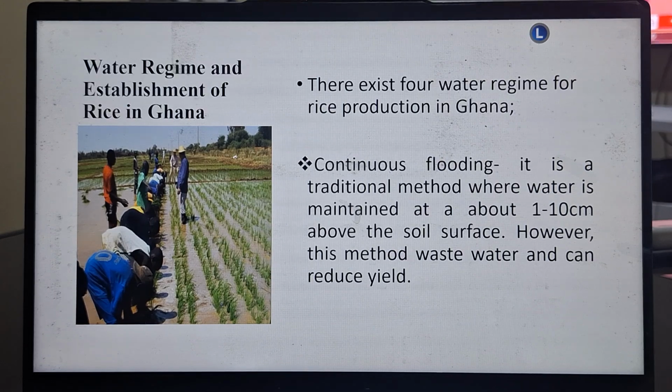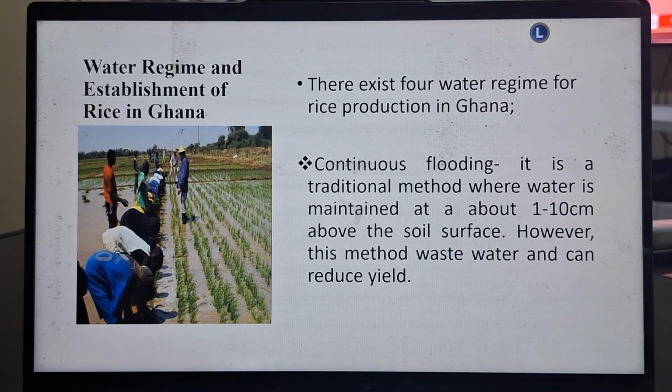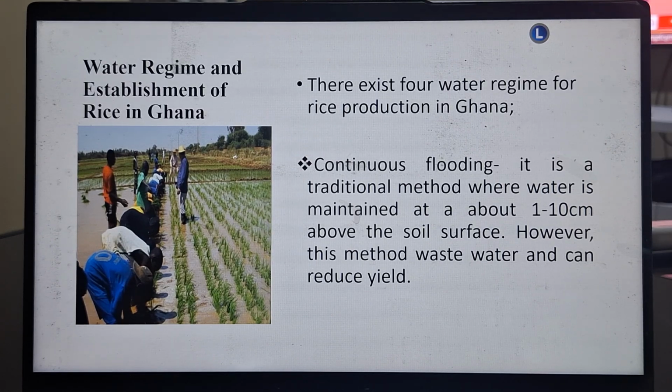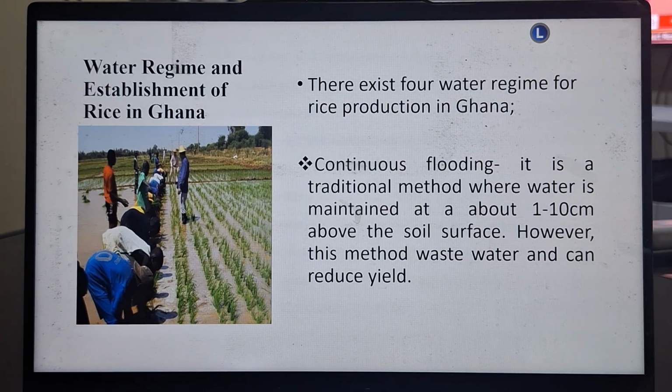Here, the water level is maintained between 1 to 10 centimeters above the soil surface to ensure that there is always water on the field to supply the water needs of the crop. However, this method wastes a lot of water and can reduce yield significantly.